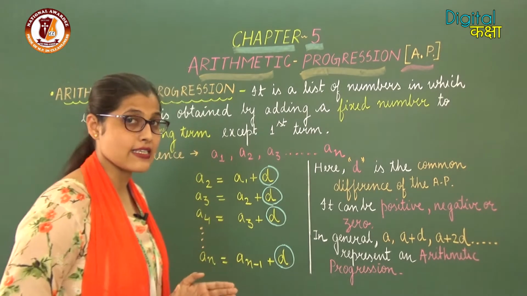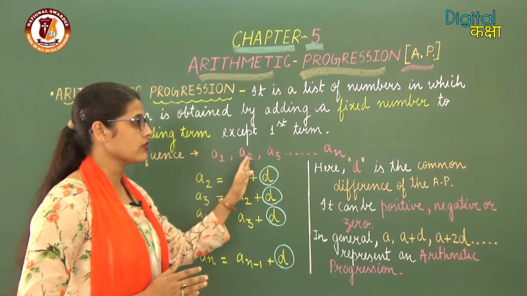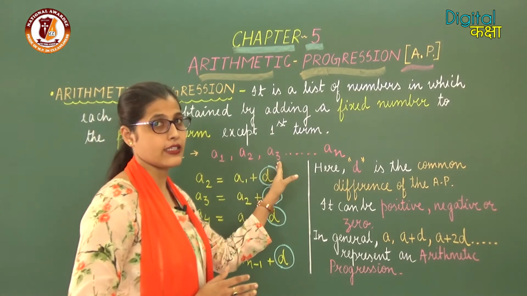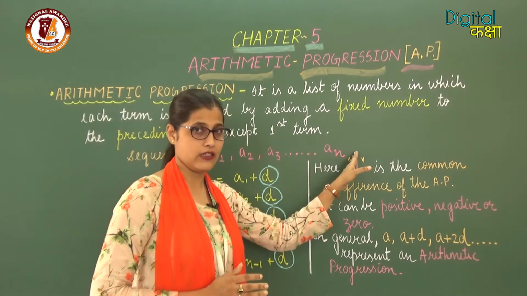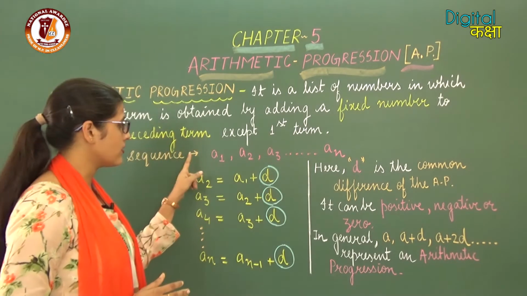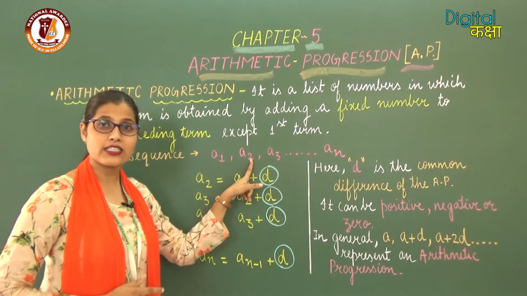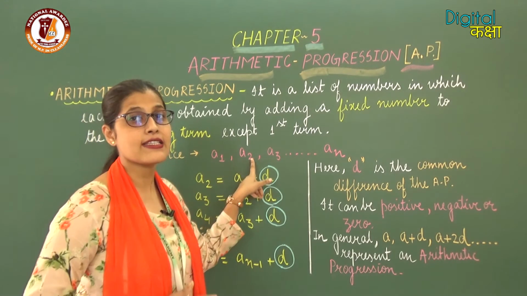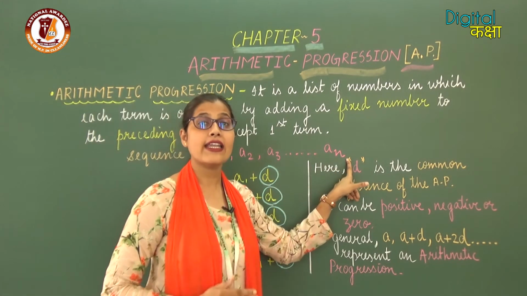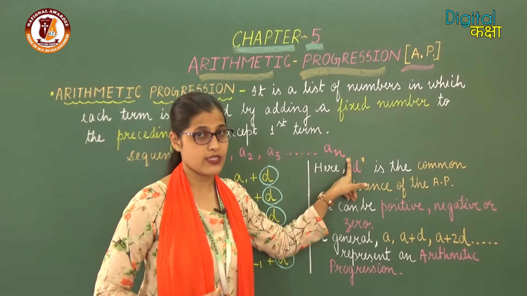So the sequence is A1, A2, A3 up till AN. Now here A1 is the first term of the sequence and A2 is the second term of the sequence, whereas AN is the nth term of the sequence.